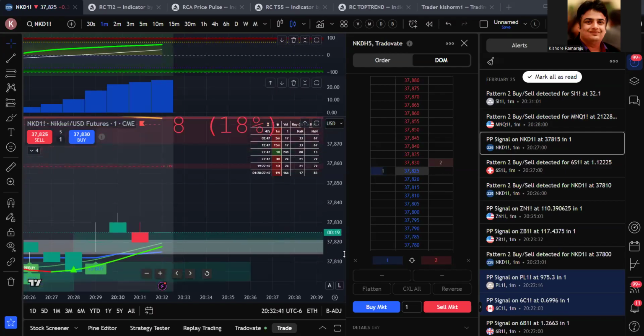If you have NKD, NKD is also looking bullish. Your T3 looks good. Price pulse is looking good.